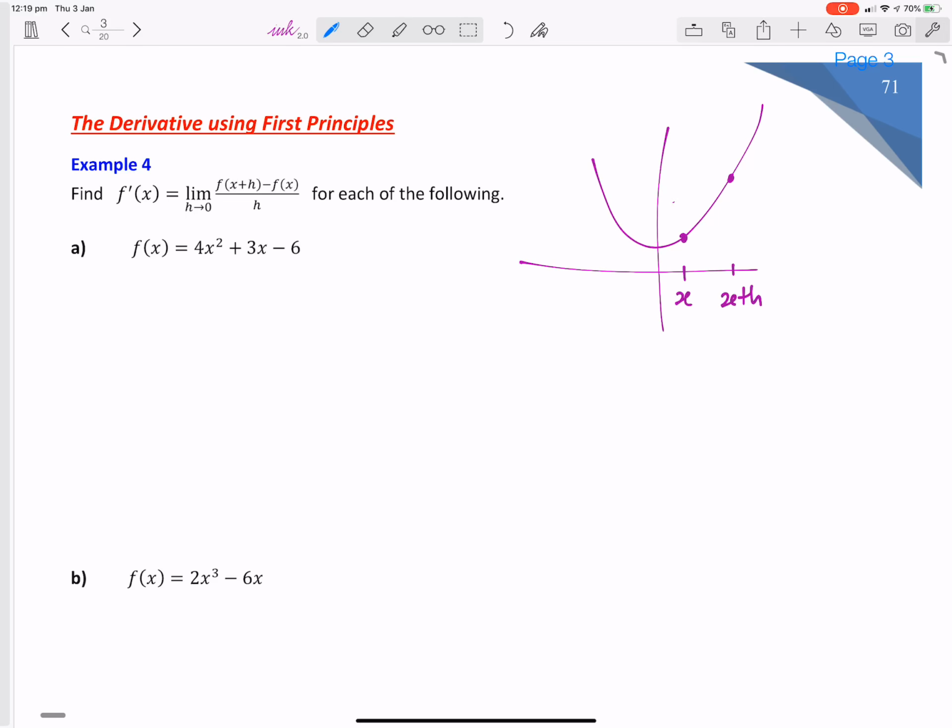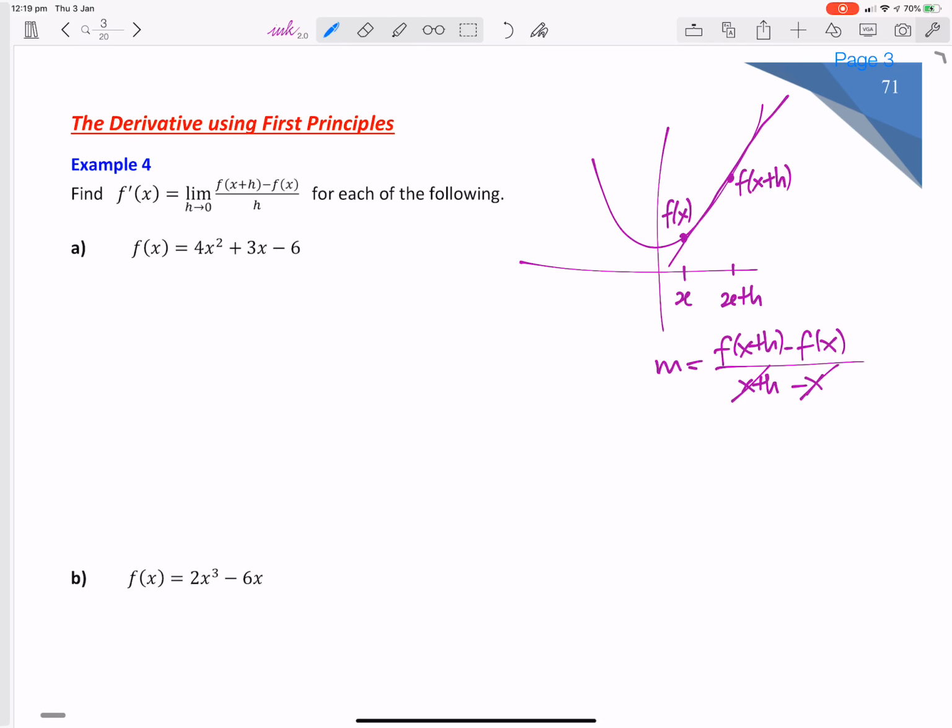We know that this value here is f of x. This value here is f of x plus h. If I wanted to find the gradient between those 2 points, we know that our gradient is f of x plus h minus f of x over x plus h minus x.